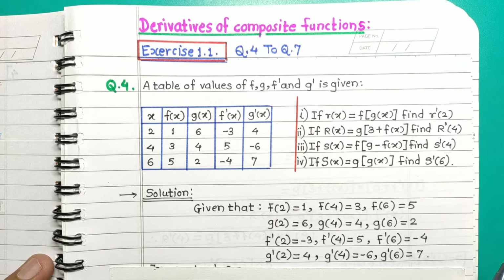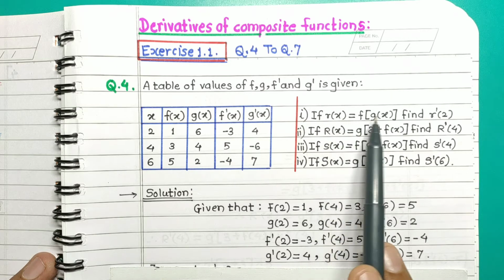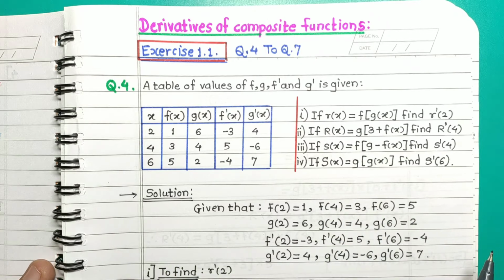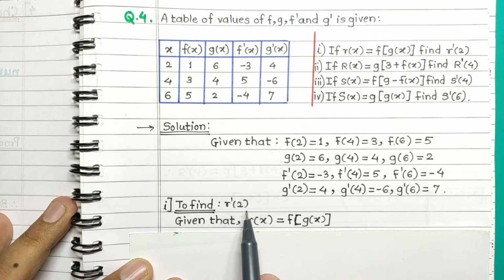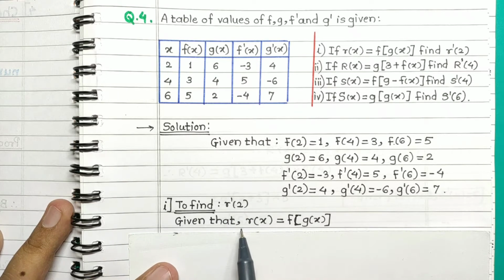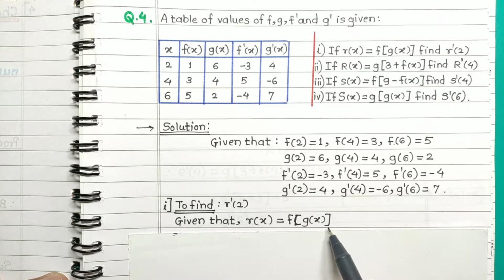So let's move to the first sub question. In that we are given this small r of x function. You write down that given function. Here we have to find r dash of 2. So let's write the given function, r of x is equal to f of g of x.